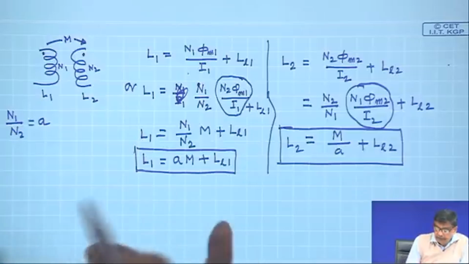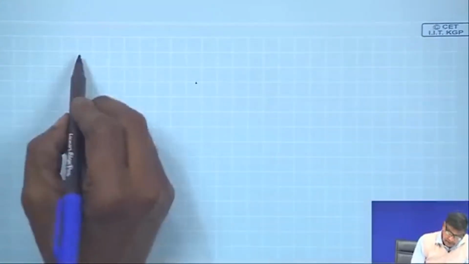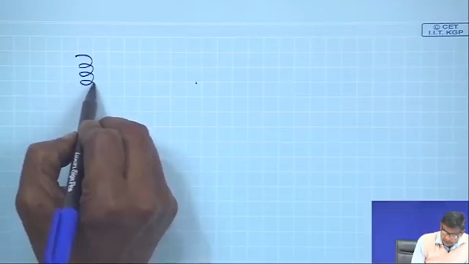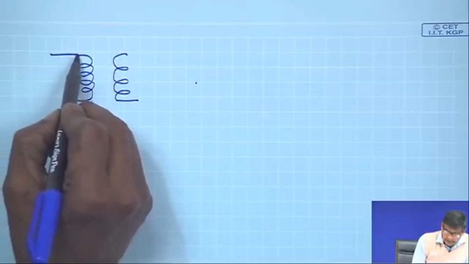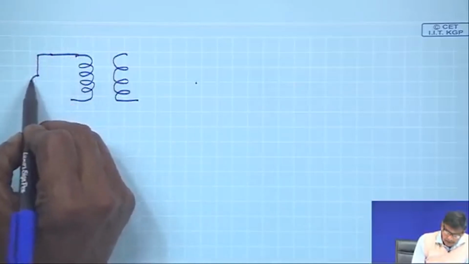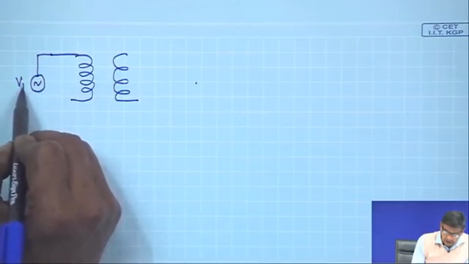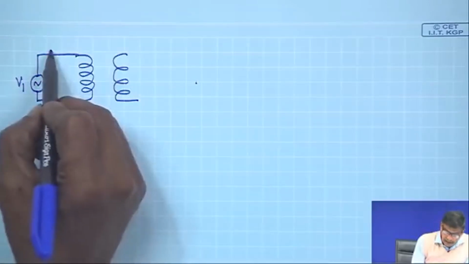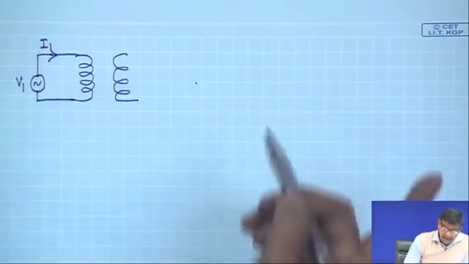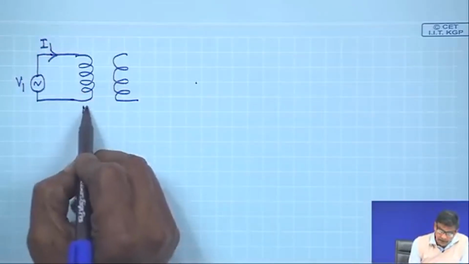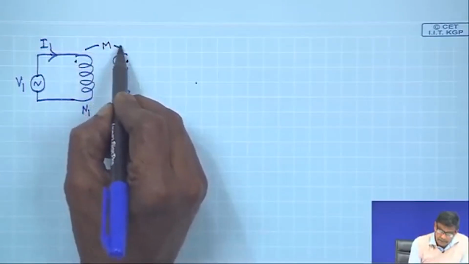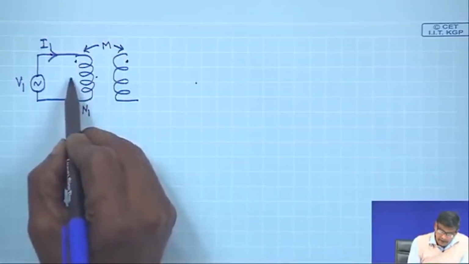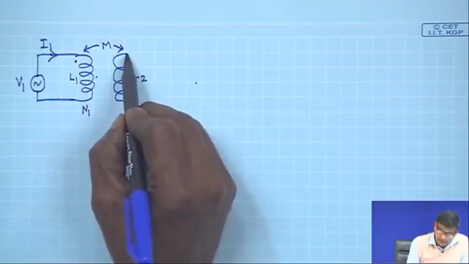In my last class I was telling that you consider these two coupled coils, and consider that you have applied an AC voltage whose RMS value is V1, and I1 is the AC current drawn by this coil having turns N1. These have the same mutual inductance and self inductances L1 and L2.